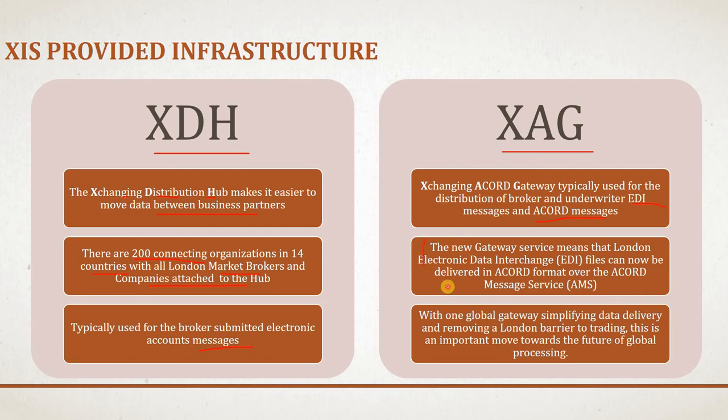Last time, I talked about the Accord for All program, which was developed by XIS. With this program, XIS can convert the old EDI message to Accord GLRC messages and send them to all the participants.